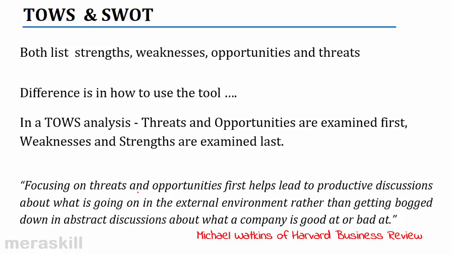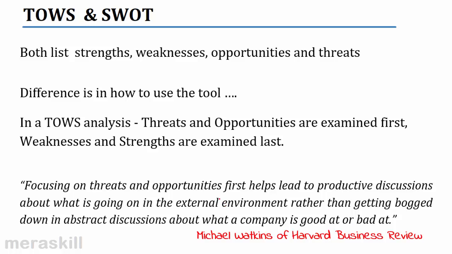But when you start focusing on the threats and opportunities, which are beyond the organization's control, and not so subjective, those are more like facts, not dependent so much on opinions. So there were productive discussions, and a framework could be laid from where they could progress onto the strengths and weaknesses: how to utilize the strengths to make use of the opportunities, how to utilize the strengths to overcome the threats, how to minimize the weaknesses to take care of the opportunities, and maybe to avoid the threats.